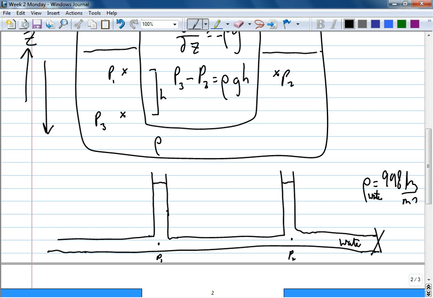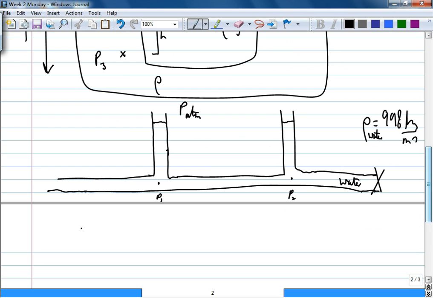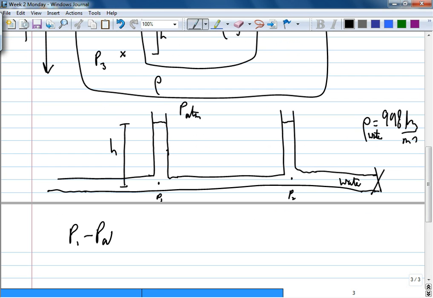So here is P atmosphere. Here is P1. So can I say P1 is obviously higher than P atmosphere. This again is the h. P1 minus P atmosphere is equal to rho of the water times g h. Is that correct?